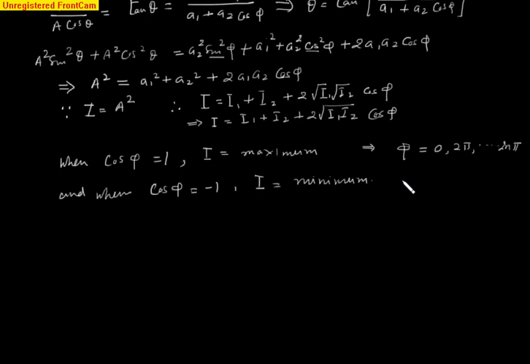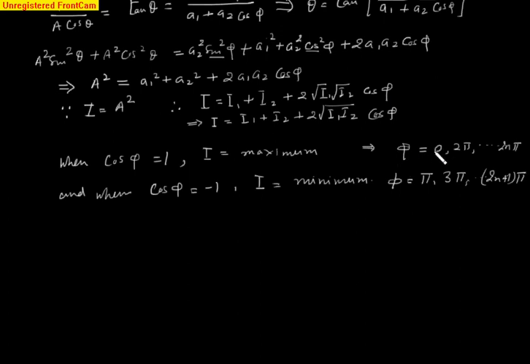And in this condition phi should be equal to either pi, because cos 180 degrees is -1, or 3 pi, that means an odd multiple of pi, which we can write as 2n plus 1, that is an odd number, multiplied by pi. So these are the conditions for phase.